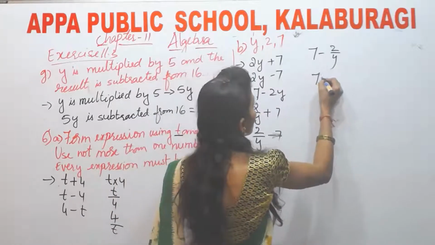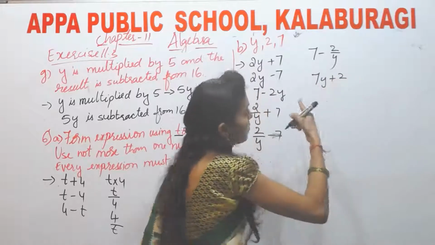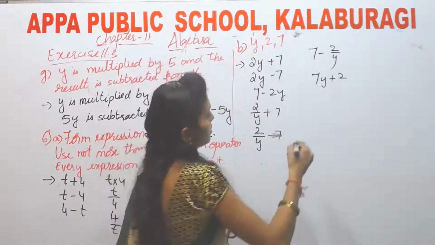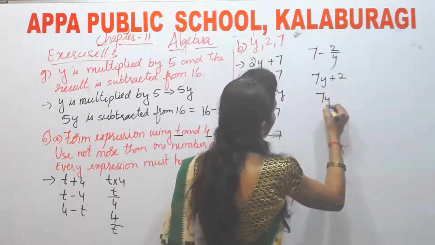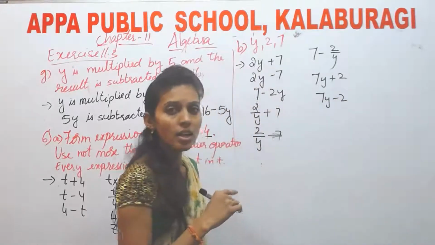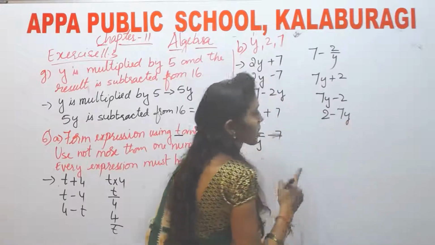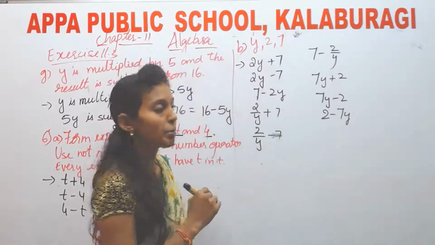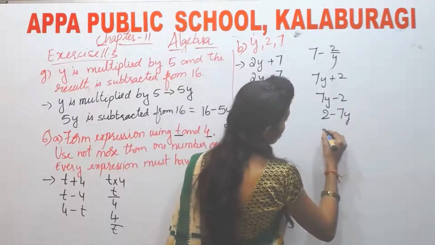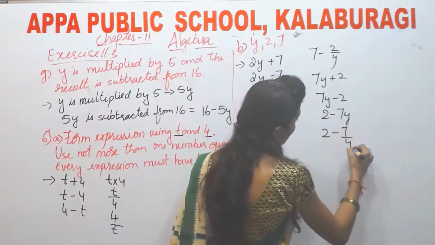Then 7y plus 2. Multiplication and addition. 7y minus 2. Multiplication and subtraction. 2 minus 7y. Subtraction and multiplication. Then 2 minus 7 by y.